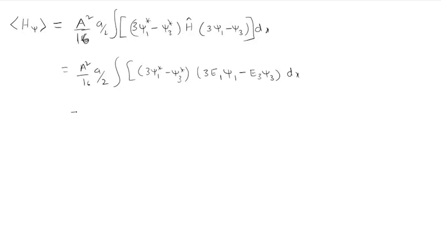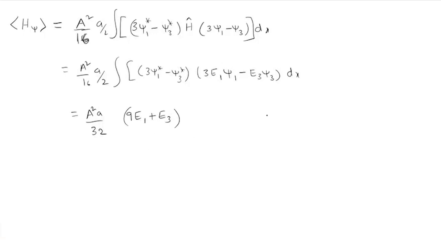Now it's straightforward: a square over 32, and when you do this, you get 3 times 3, 9 E1, plus E3. This is what you get.